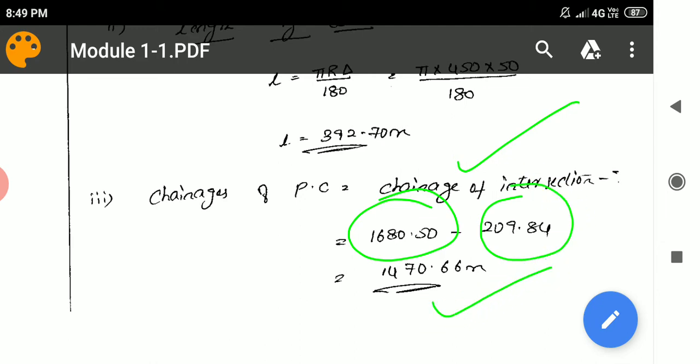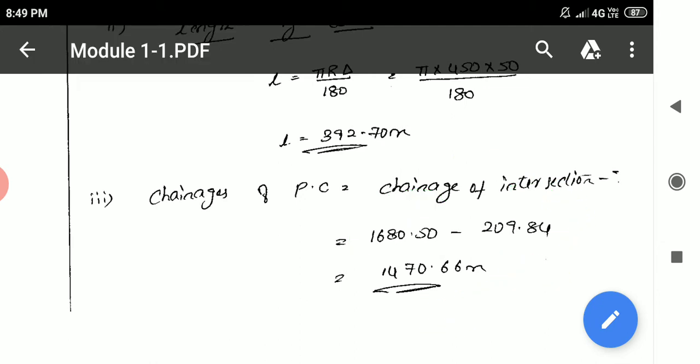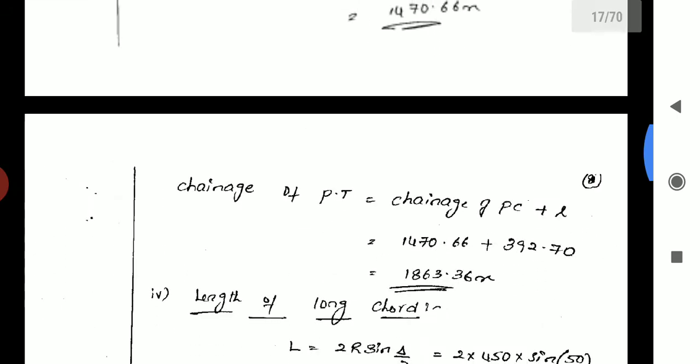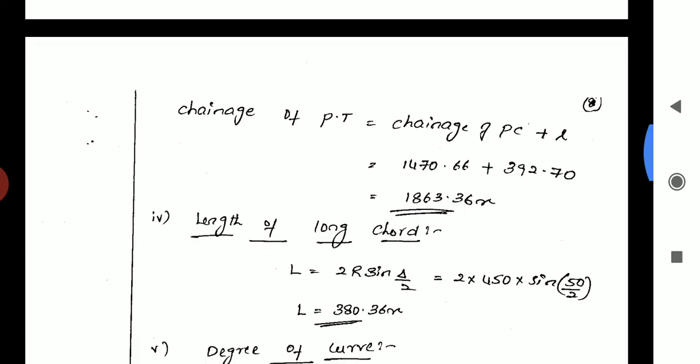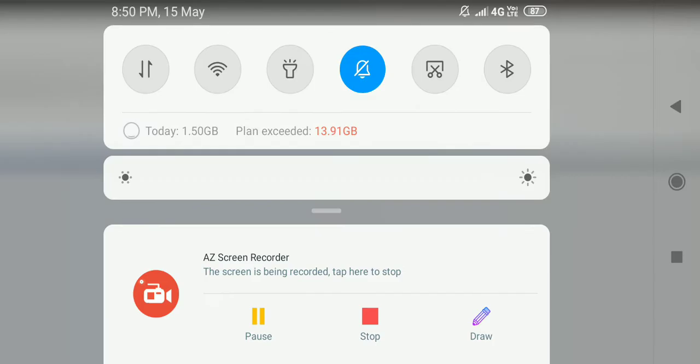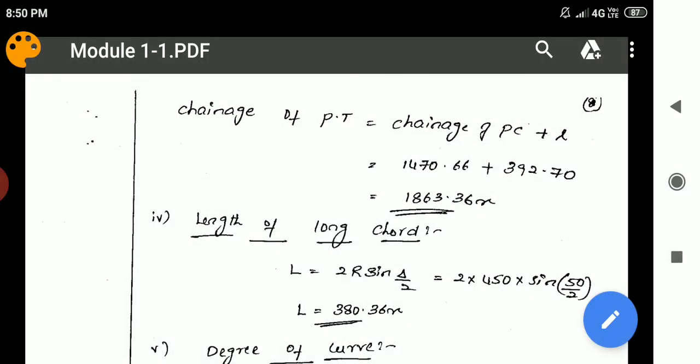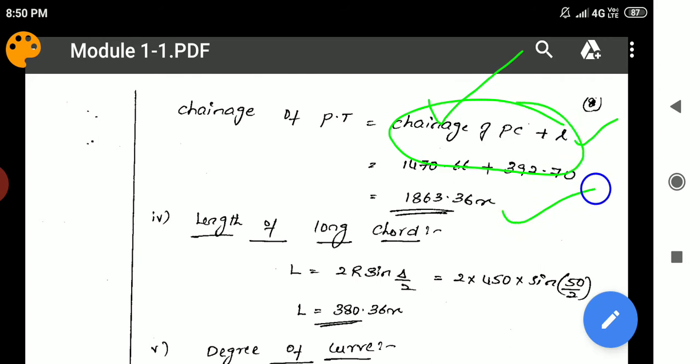Next we have to calculate chainage of point of tangent. Chainage of point of tangent is chainage of point of curve plus length of curve. By adding these we will get the chainage of point of tangent.